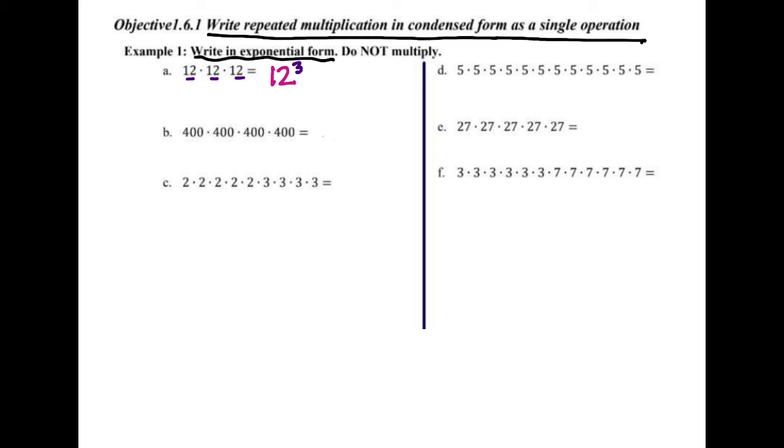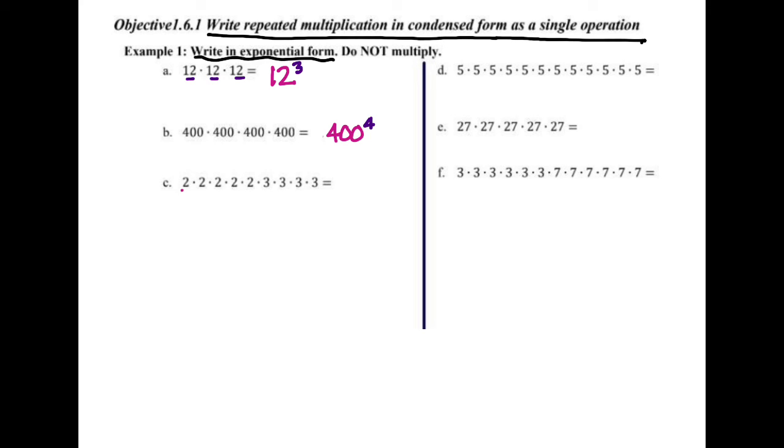With that in mind, for B, 400 is our base, because that's the number we are multiplying together. And since there are 4 of them, it's 400 to the 4th power. For C, we have 2 different numbers, so you're going to have 2 different bases with 2 different exponents.